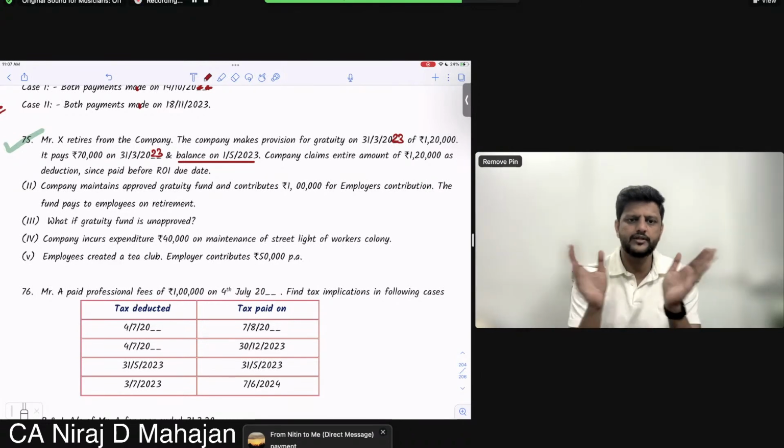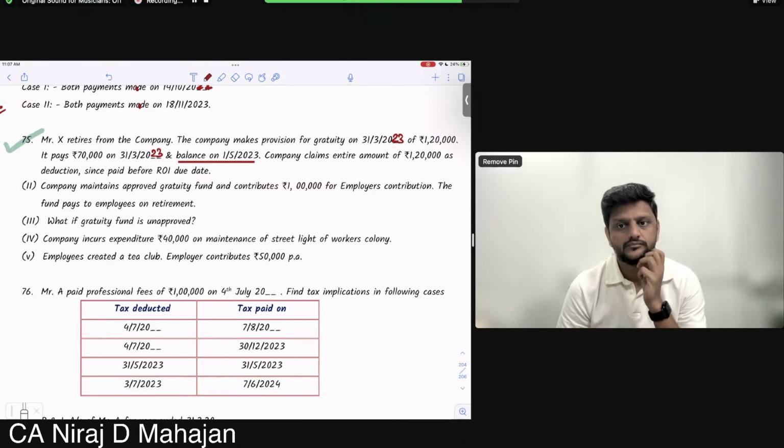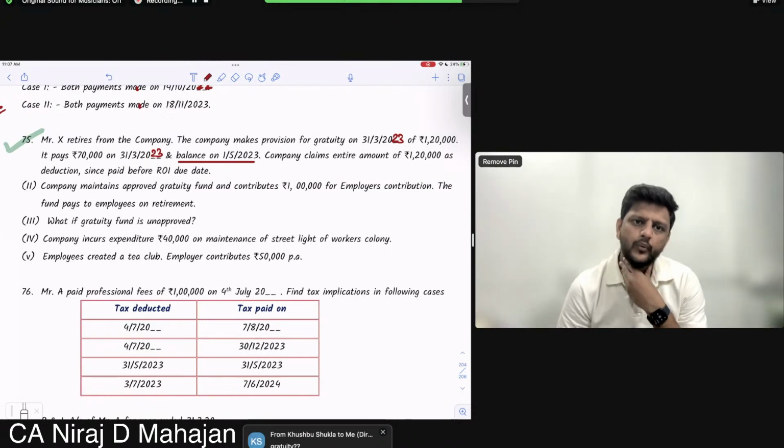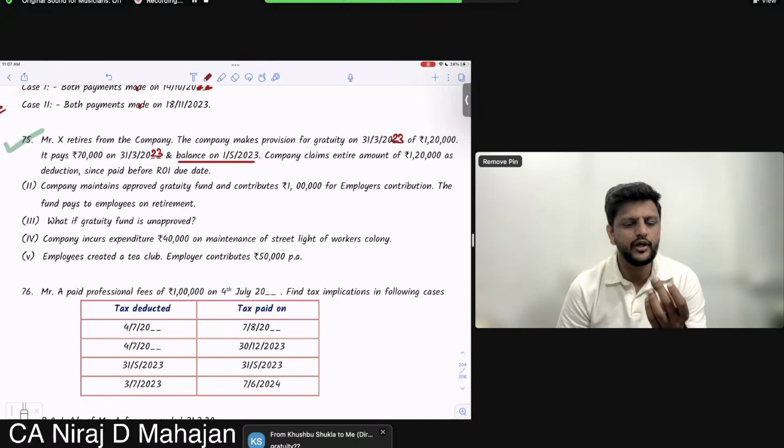I hope you're understanding both the things, है ना? We are paying gratuity, no doubt about it. But we are paying gratuity now. We are contributing. Are we doing contribution to the gratuity fund or are we making payment to the employee?